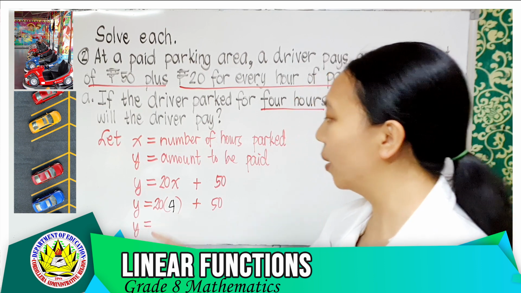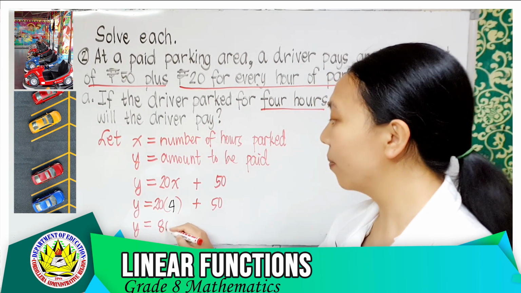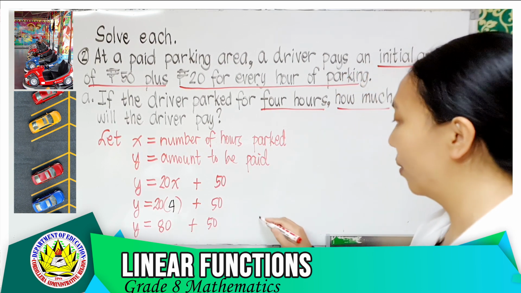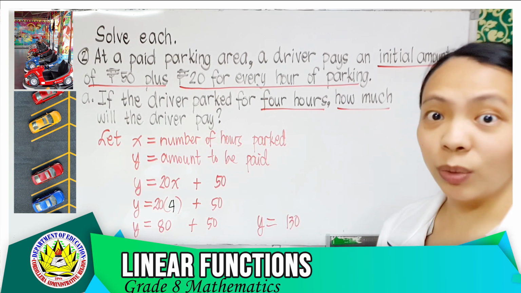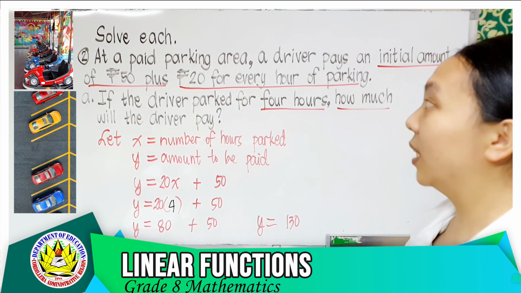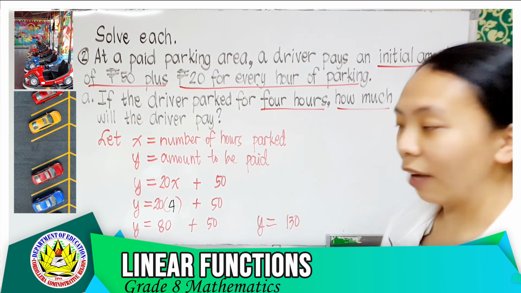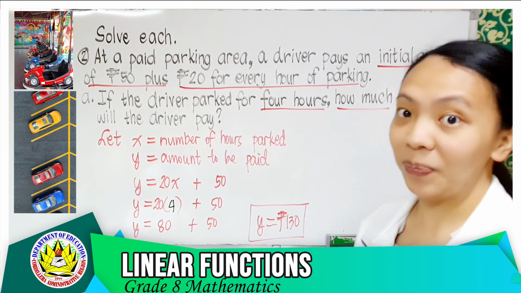Y is equal to 20 times 4, that is 80. 80 plus 50 is equal to 130. And what does 130 mean? It means that if the driver parks for 4 hours, he would have to pay 130 pesos.